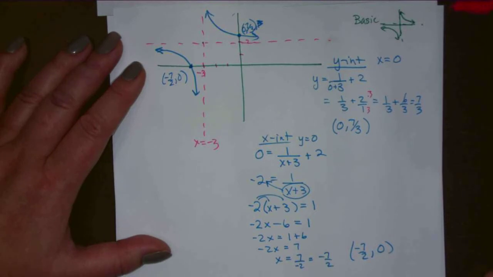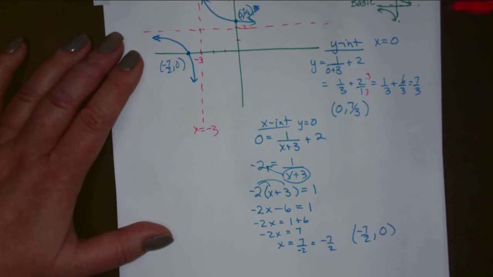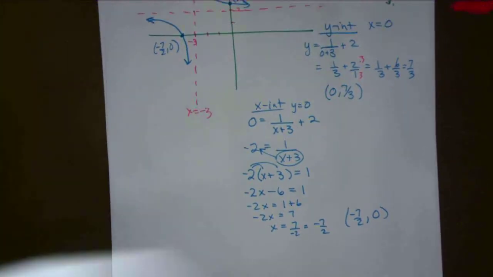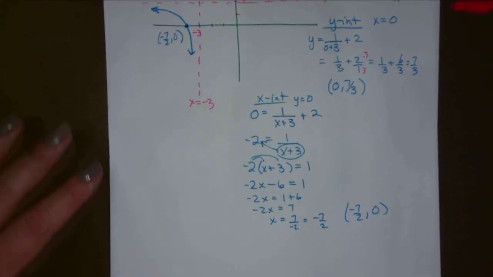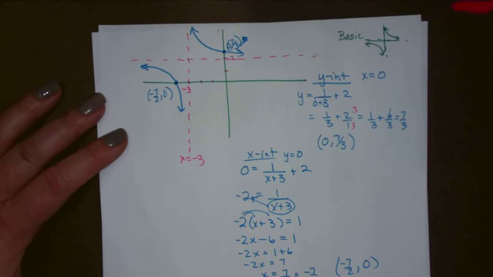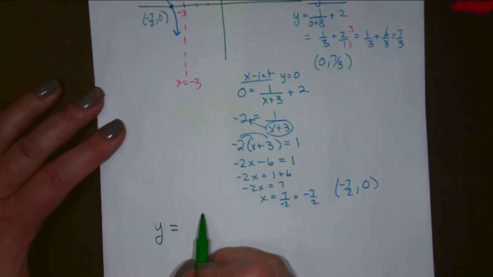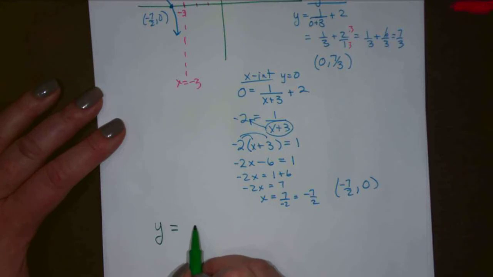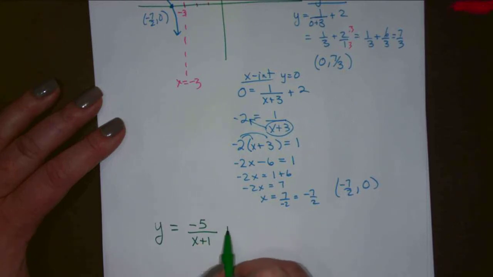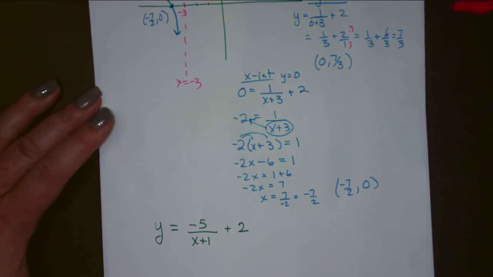Now, how would we flip these ones? What would the graph look like if we were to flip it? So what would happen is if we had, say, negative 5 over x plus 1, something like that.